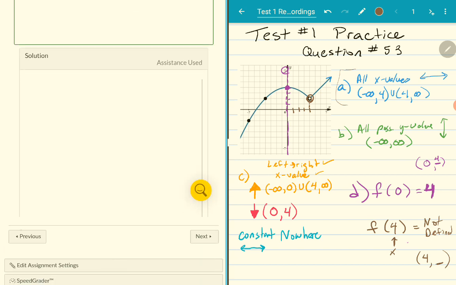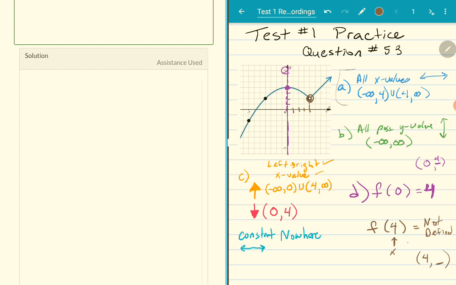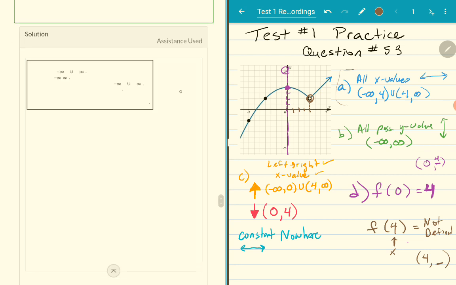I must have accidentally hit that previous button. All right, there we go. And that's the solution that we found.